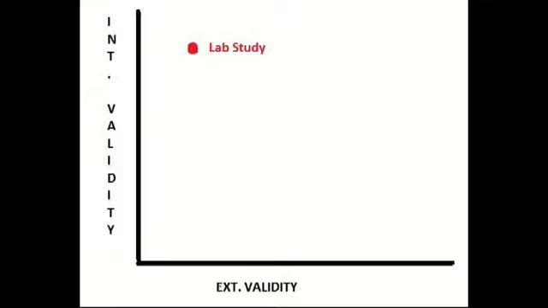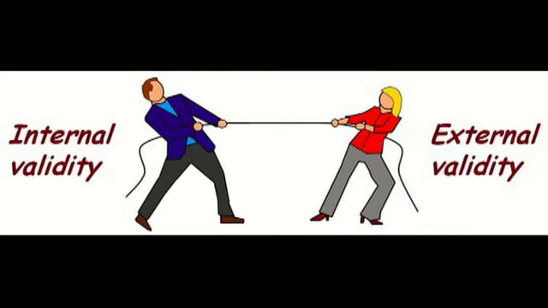On the other hand, research that's being done in the field might have a higher external validity, but it comes at the price of a lower internal validity because there's a greater potential for confounding variables. Researchers sometimes are forced to make a compromise, balancing both internal and external validity to reach a middle ground where they find acceptable levels of both. And that depends a lot on what the focus and the needs of the study are.